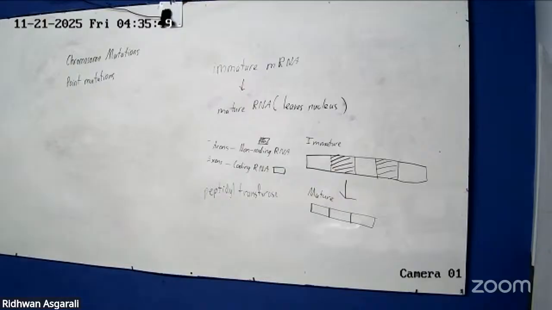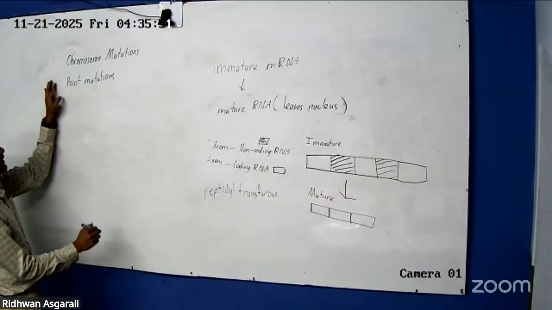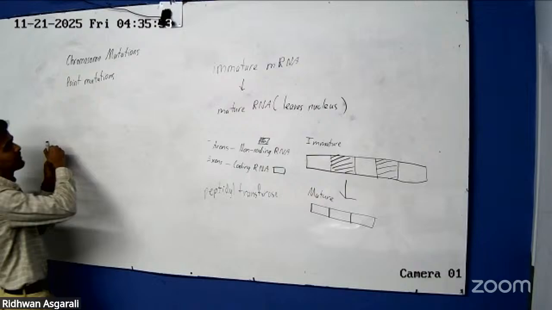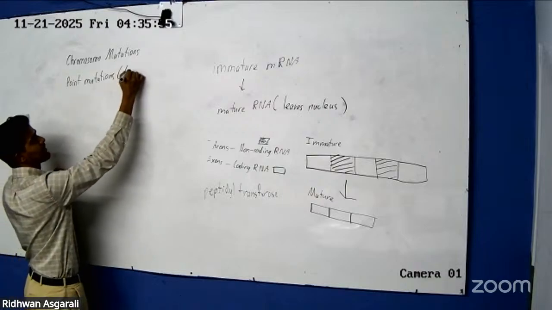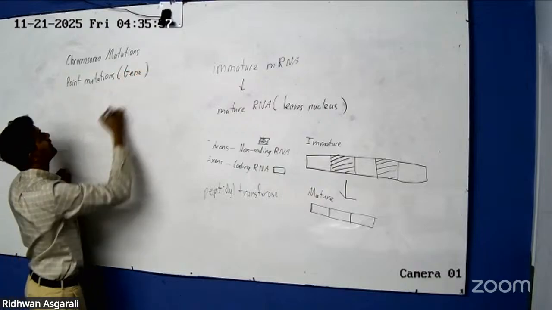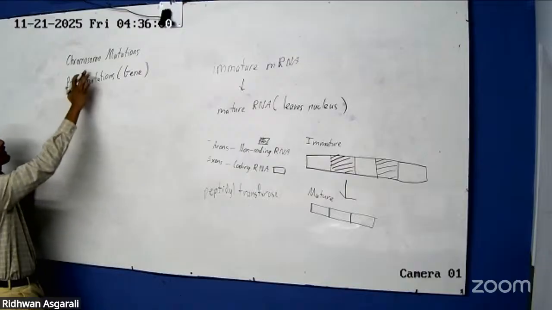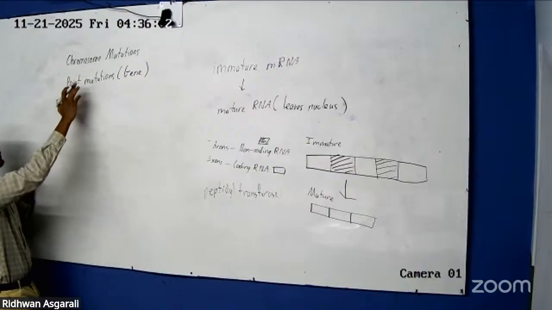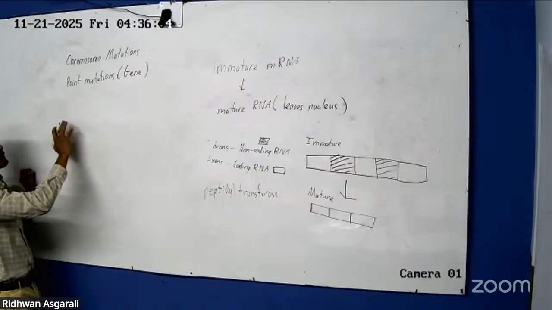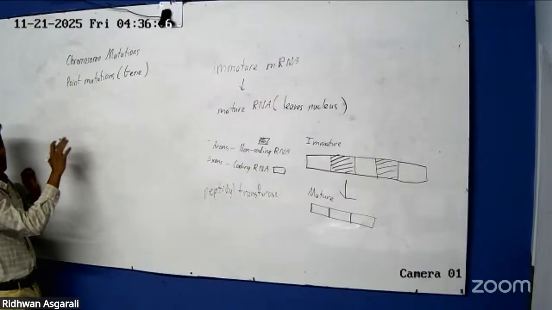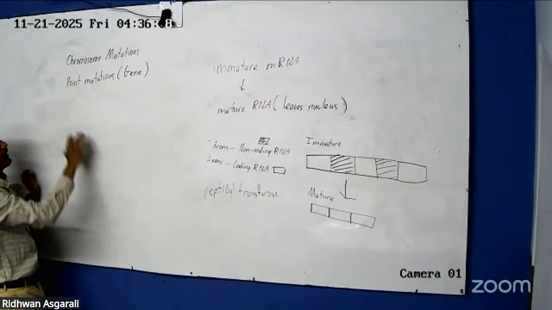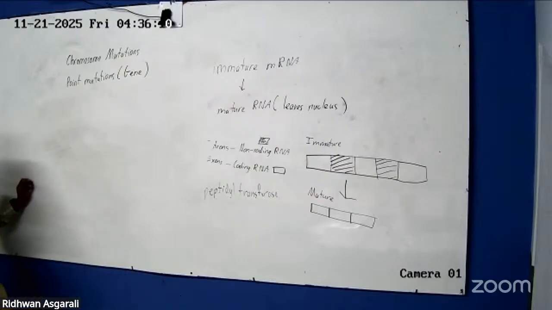Right, these are the types of mutations we're going to have to look at. Point mutations are also known as gene mutations, and we could have chromosome mutations. Chromosome mutations are when you have a change in the chromosome number. A change in the chromosome number will result in a disease like Down syndrome, where you have an additional chromosome.